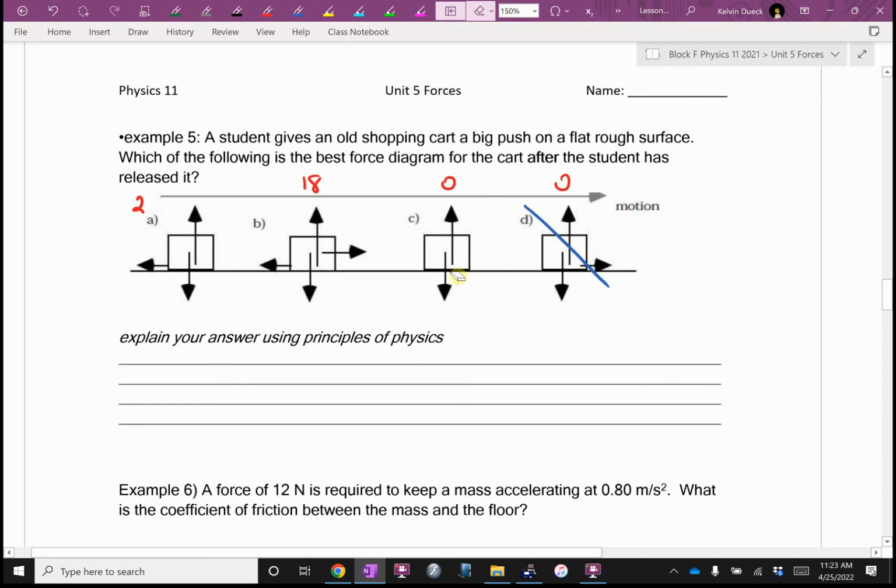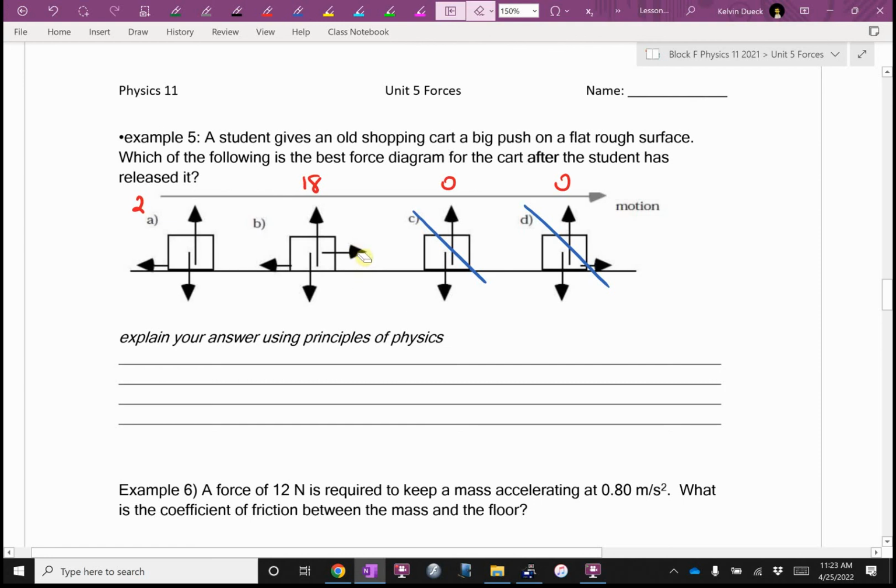What about here? Which way is there an unbalanced force? Nowhere. So how would this be traveling? Constant speed. What about here? Well, there's two possibilities.